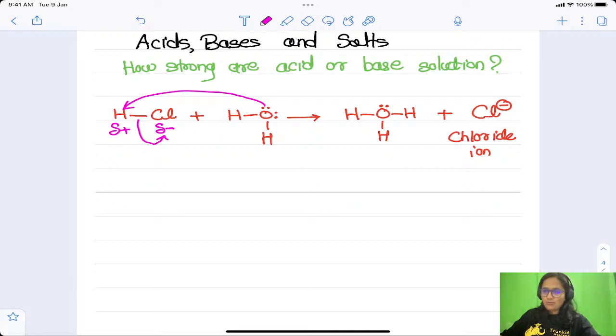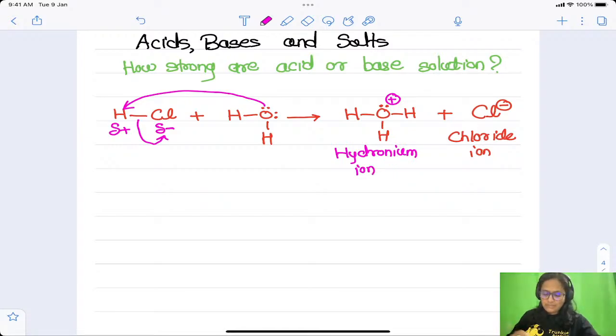Ideally there should be two lone pairs, so I will write a positive charge on this oxygen atom. Now this ion, produced after the combination of H plus and H2O, is called the hydronium ion.